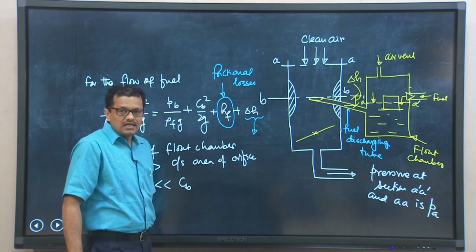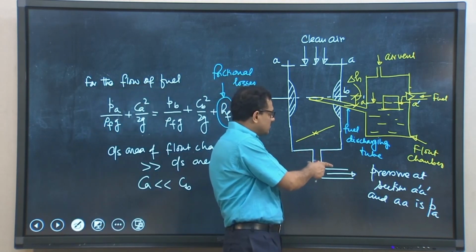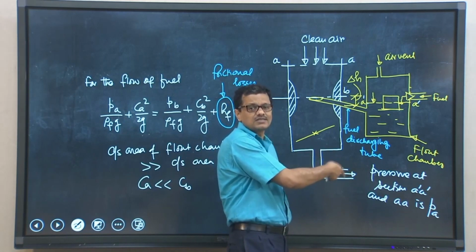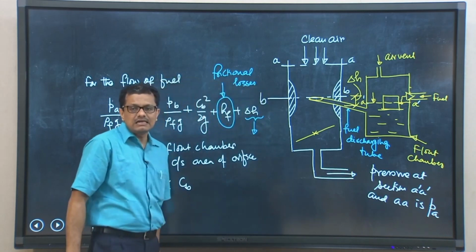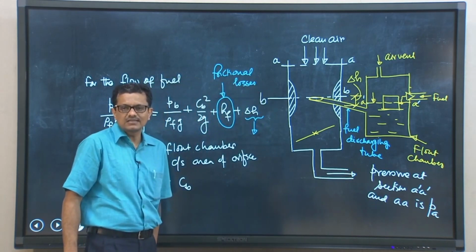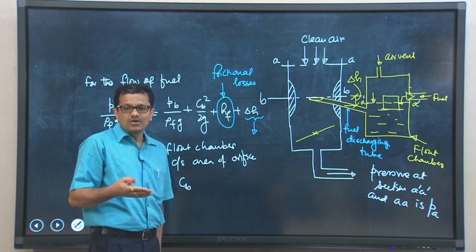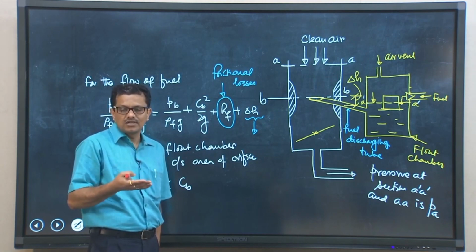You know that if that particular carburetor is responsible to supply air fuel mixture to a cylinder, and if the cylinder is single cylinder and 4 stroke, what we had seen in a 4 stroke single cylinder engine, we need to supply air fuel mixture only during intake stroke.